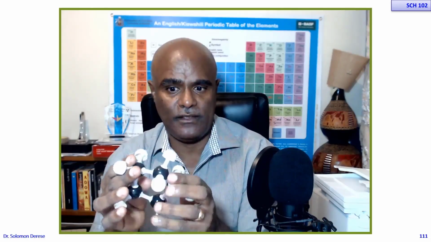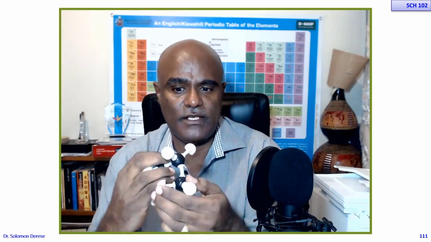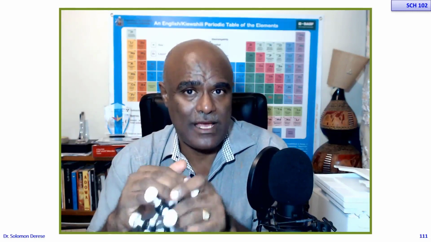Then by rotating across their carbon-carbon single bonds, they adopt different conformations. And these different conformations that cycloalkanes adopt have different degrees of stability. Some are stable while others are unstable.